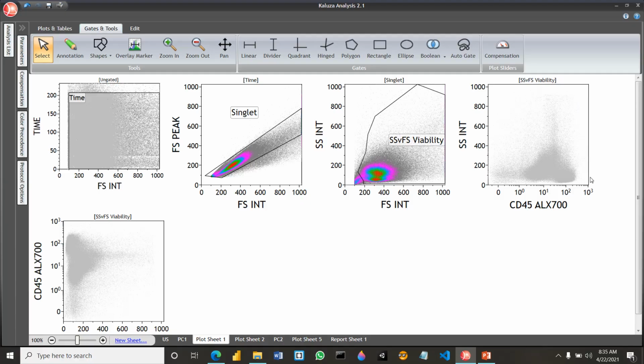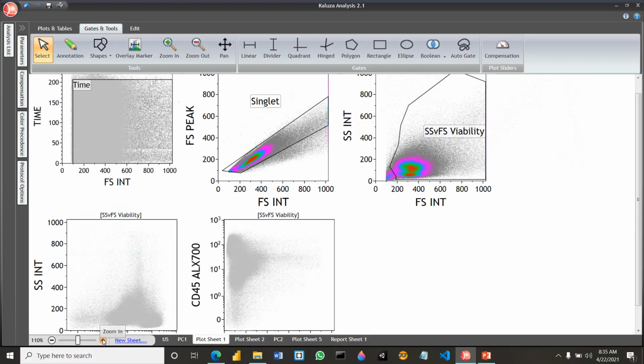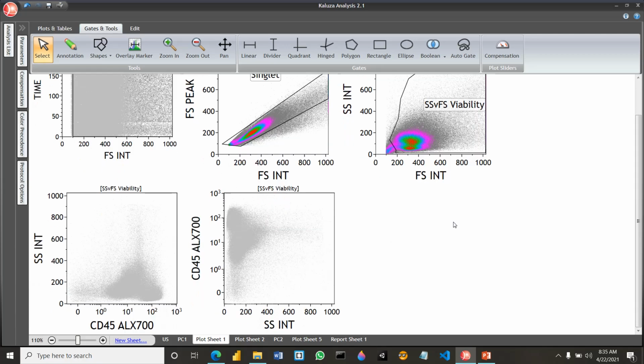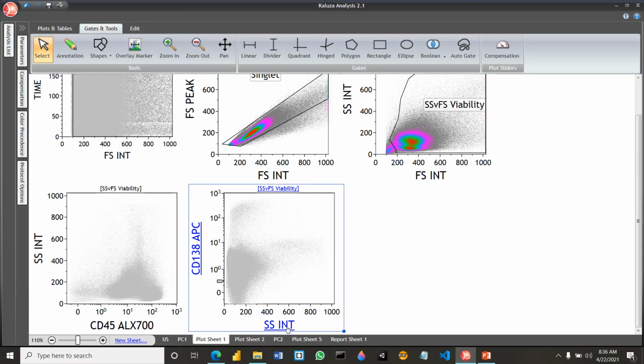This sample was sent to us for the diagnosis of plasma cell neoplasm. We know, as we have mentioned, we identify plasma cells by using the CD38 and CD138 expression pattern. So let's start with that, CD38 and 138 here.